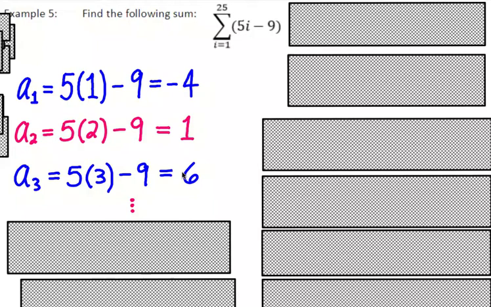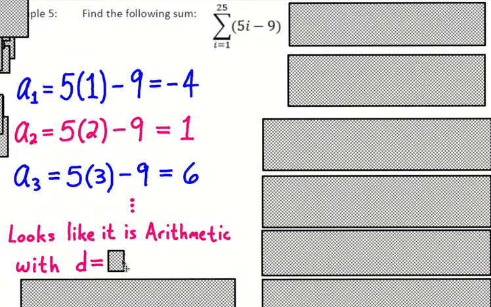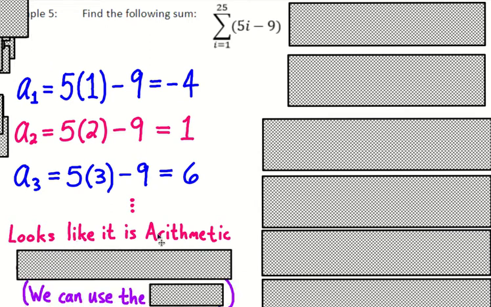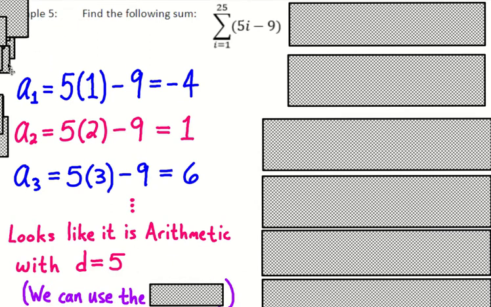So a quick check just verifies what I already knew with my years of experience, that this 5i minus 9 in the sigma actually meant that it looks like it is arithmetic. And what's our common difference? -4, 1, 6. Our common difference is 5.